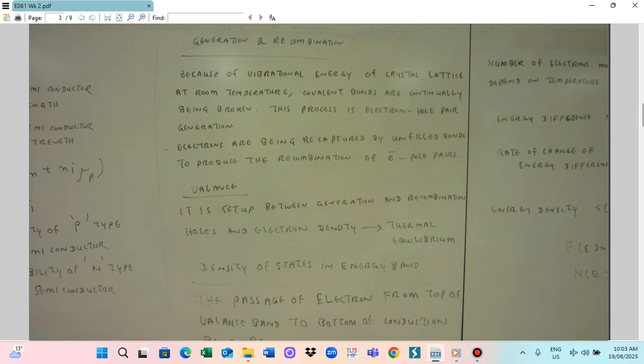Some electrons are moving, and some electrons are recaptured by the unfilled bonds, producing a recombination of electron and hole pairs.